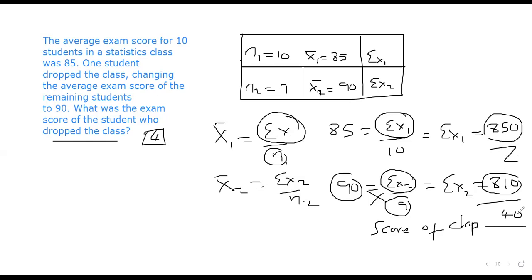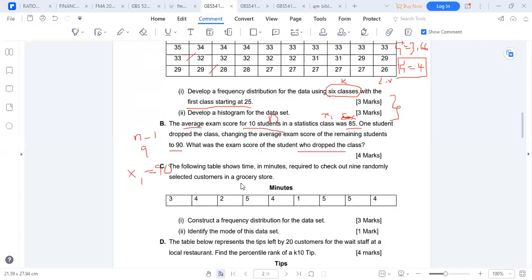Then the remainder will be for the one who dropped out. Is that clear now? Yes, it is. Anyone behind? All right, so this is what this was all about.